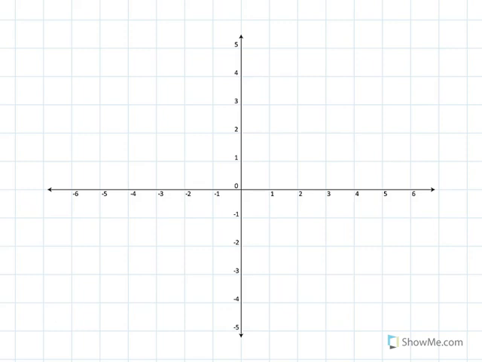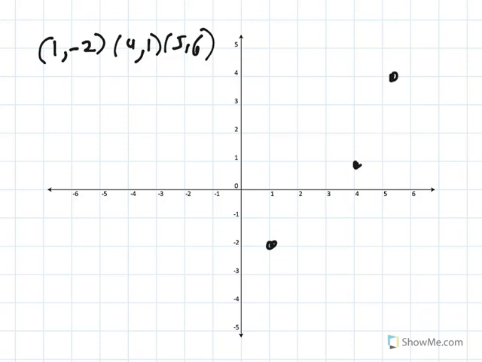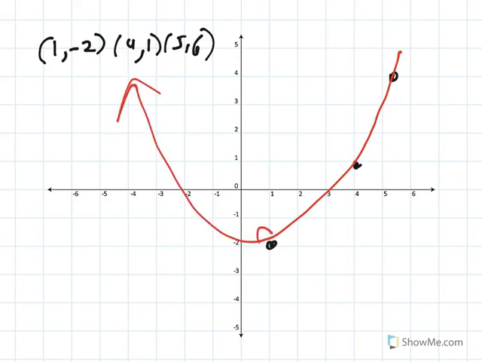A third scenario is where I have 3 random points. So I have 1, negative 2, 4, 1, and 5, 6. And there's some kind of parabola that goes through there. But what is it with these 3 points?